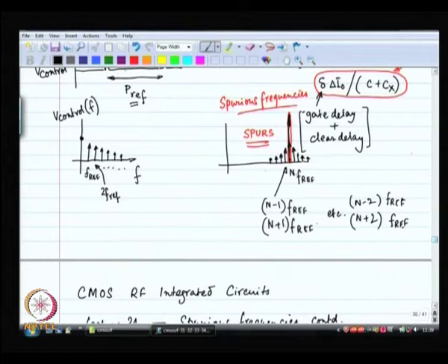Spectrum will look exactly the same, except for the fact that in the fractional n the spurious frequencies will be larger. Why will the spurious frequencies be larger? Because they are within the loop.